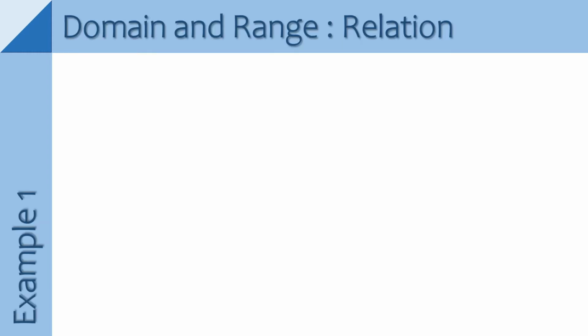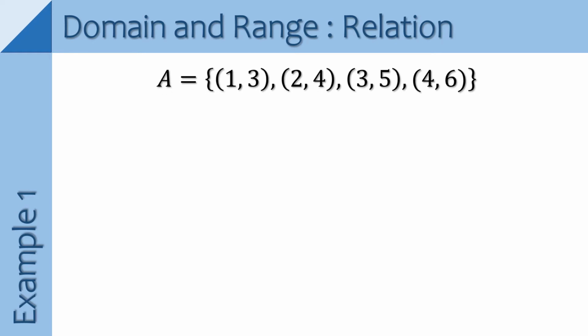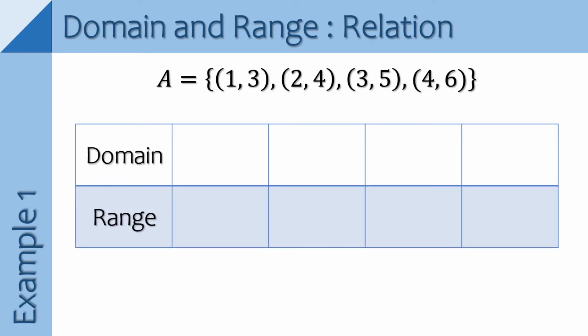Next, for example, we have a set A, which is {(1, 3), (2, 4), (3, 5), (4, 6)}. Let us identify the domain and range.